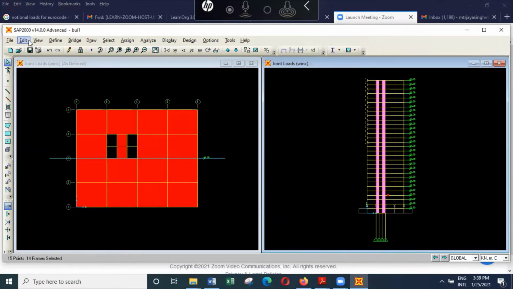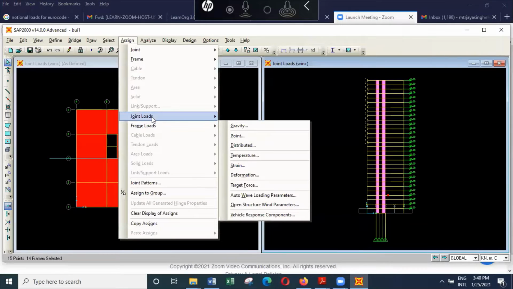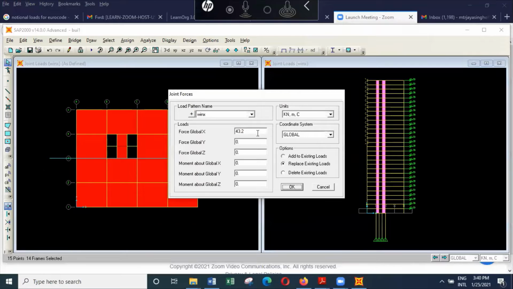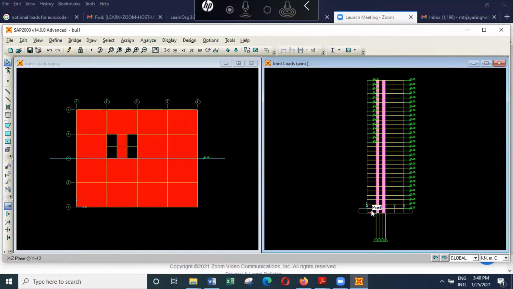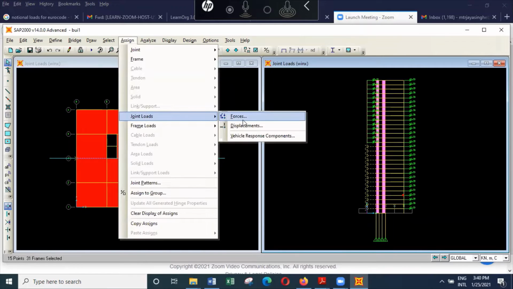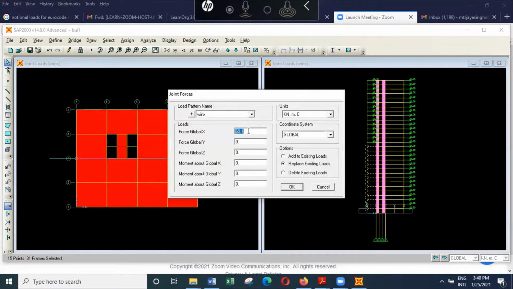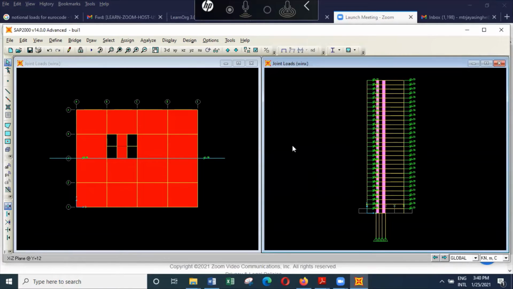So just to save time, I'll apply some arbitrary values. Joint load forces like 69.1, and for the lower ones I'll allocate something like 50. You can calculate the actual values and apply, but I'll just apply some arbitrary values.